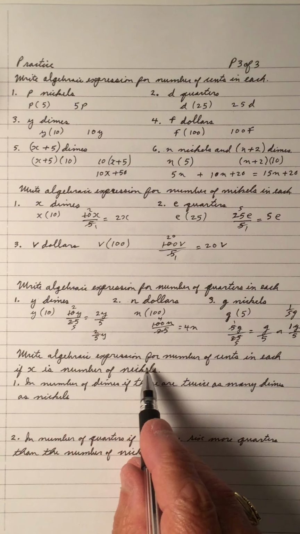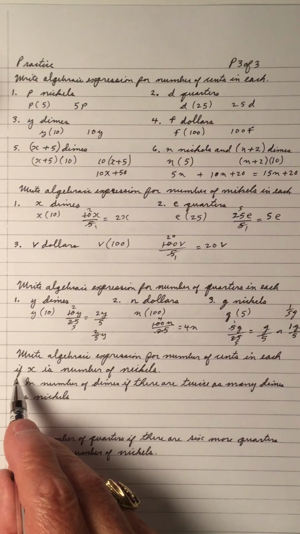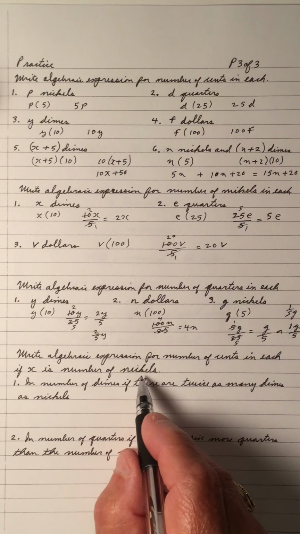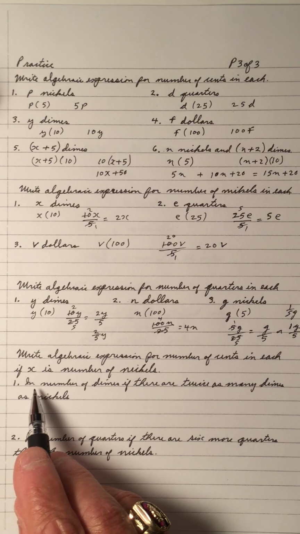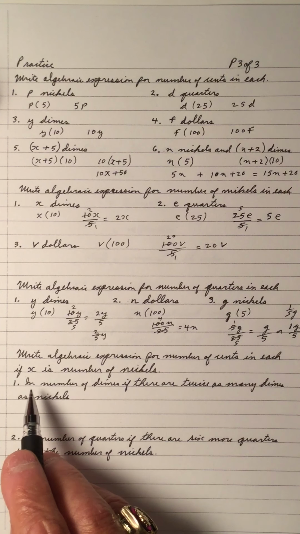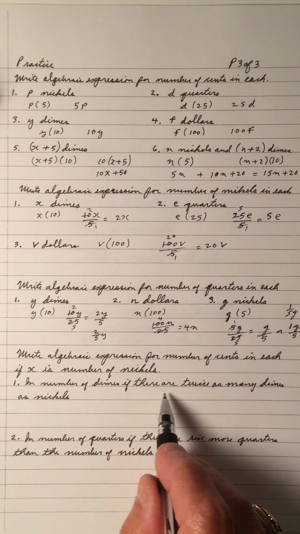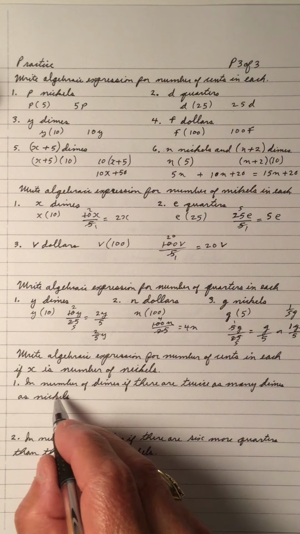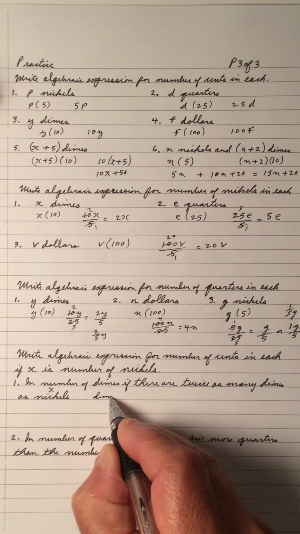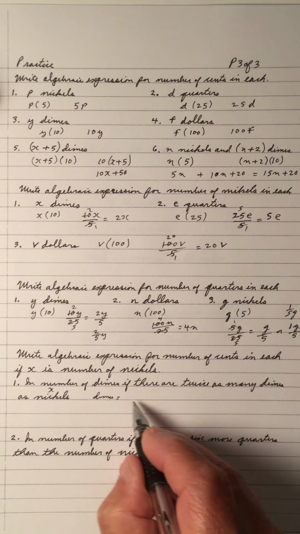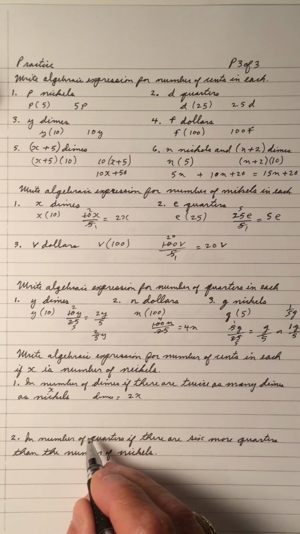Write an algebraic expression for the number of cents in each if x is the number of nickels. Let's see. We've got to find the number of cents in the number of dimes if there are twice as many dimes as nickels. So the number of nickels is x, so the dimes is going to be twice that, 2x.